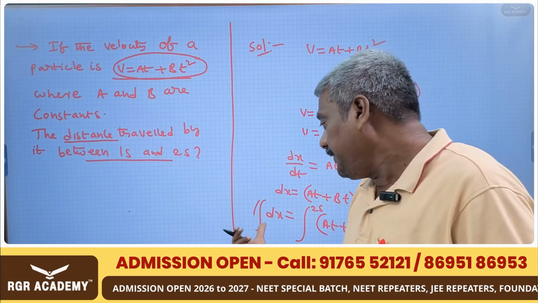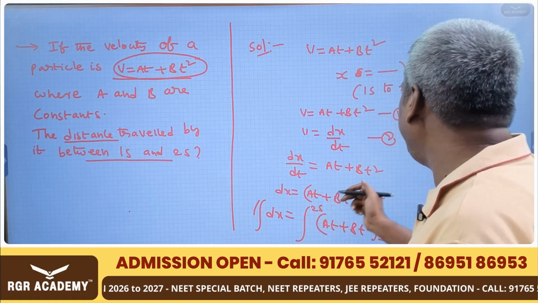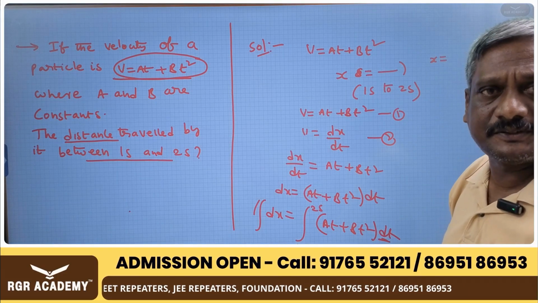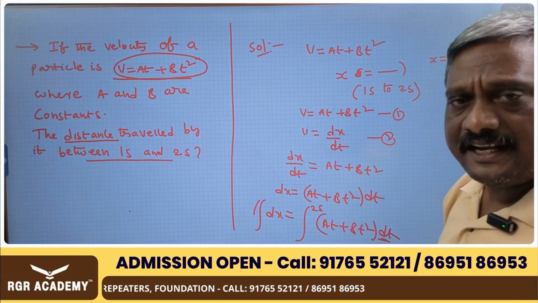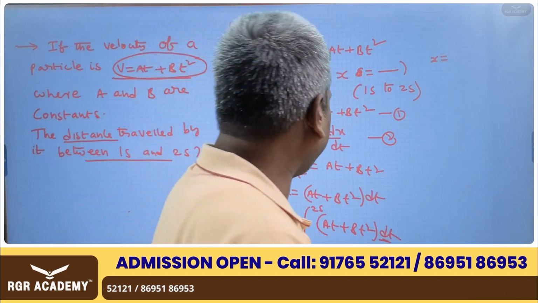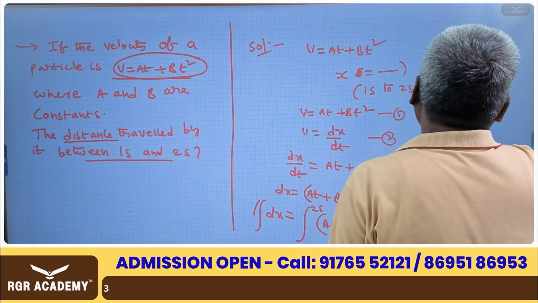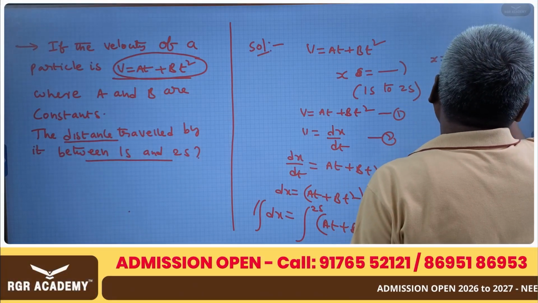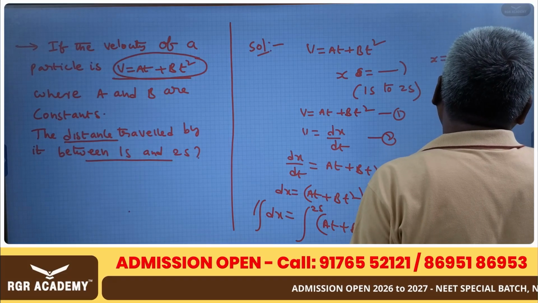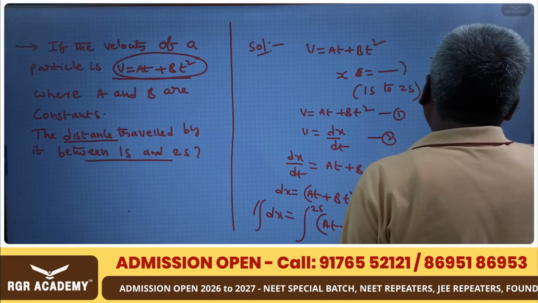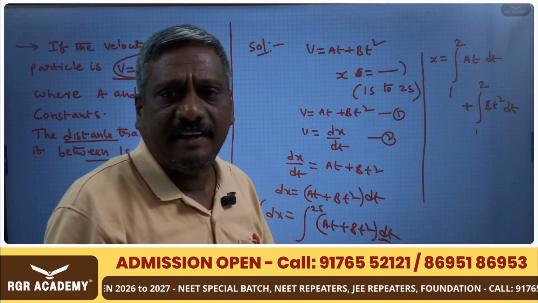We already know integral dx is equal to x. On the right-hand side, you can split into two separate integrals: integral from 1 to 2 of at into dt, plus integral from 1 to 2 of bt square into dt.